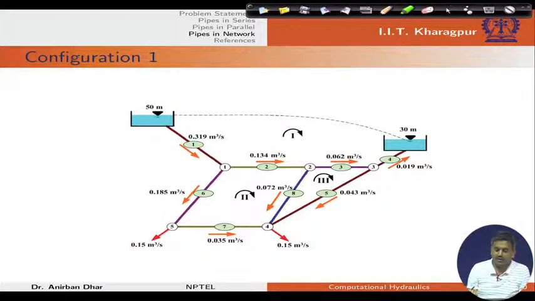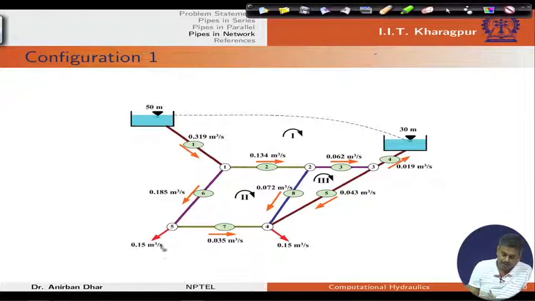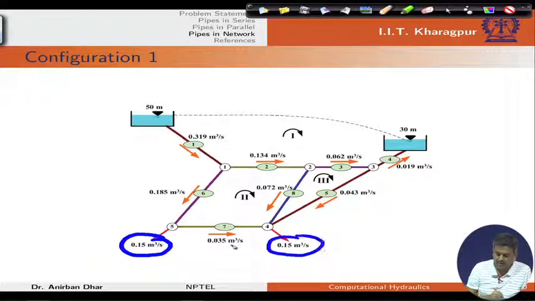Now, this is our configuration 1. We know that we have external demands at junctions 4 and 5. So, by satisfying the conditions, we can get this.